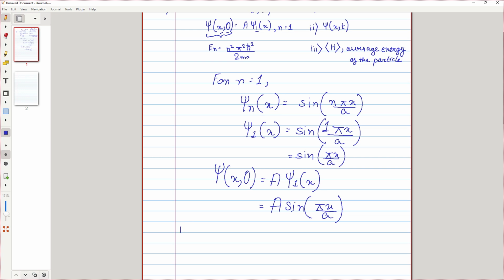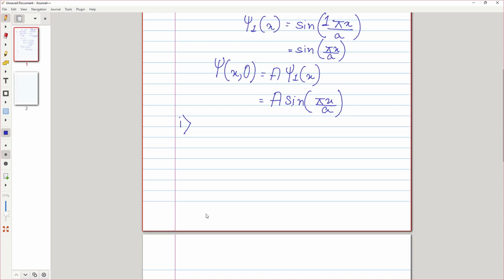So we normalize this. Normalization, we all know, is like this: the conjugate wave function times the wave function integrates to 1. If it is not equal to 1, then it is not normalized.